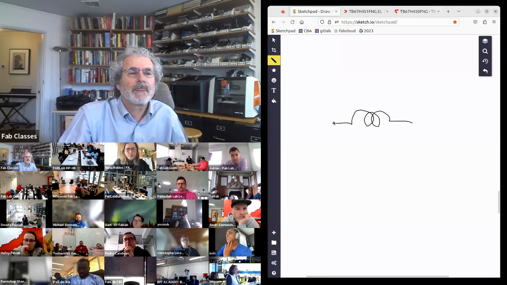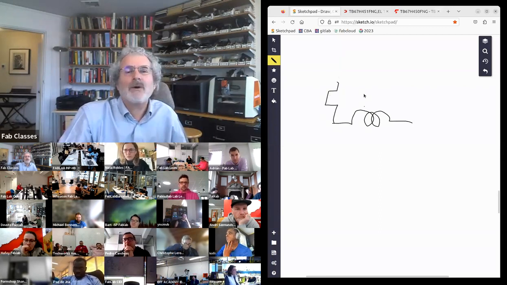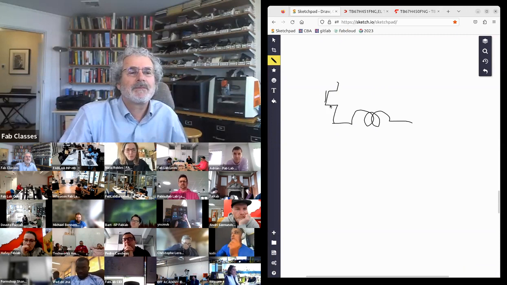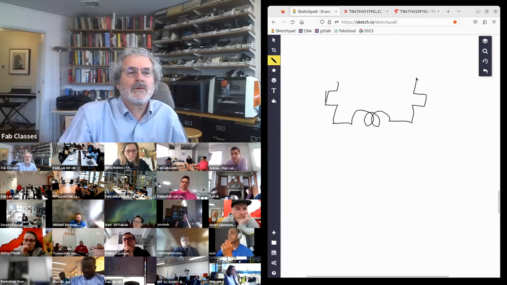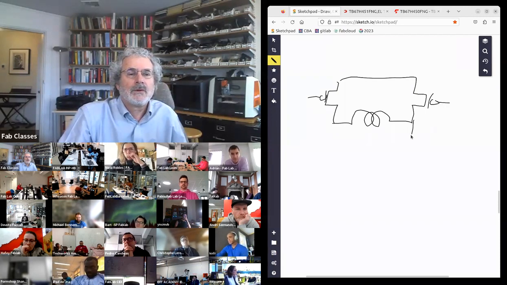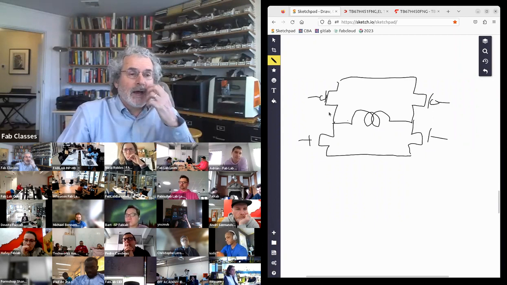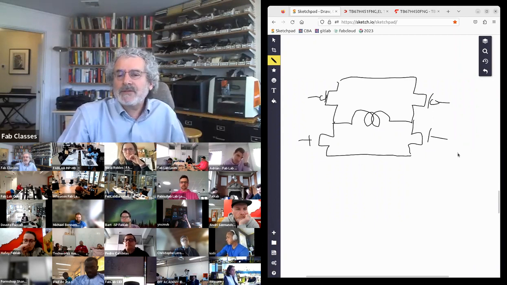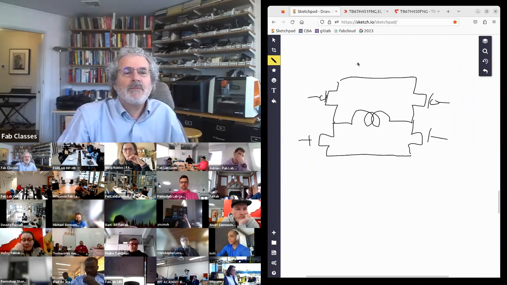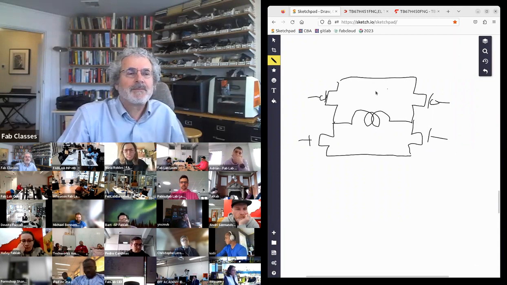So here's a coil. That's our load from a motor or a speaker. So I've got two N MOSFETs on the downside. I've got two P MOSFETs on the high side.